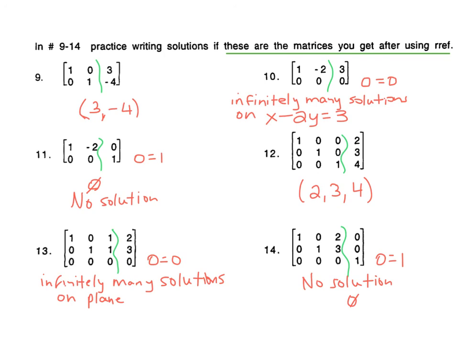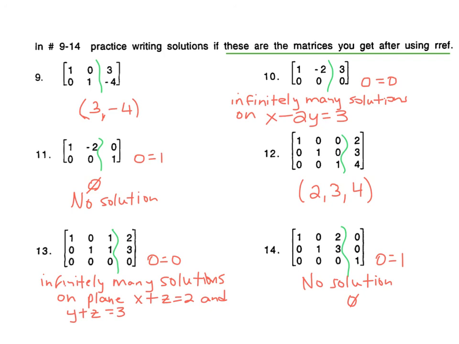So here's what I mean by that. In the top row we have 1x, we don't have any y's, and then 1z is equal to 2. And in the second row, we have 0 x's, 1 y, plus 1 z is equal to 3.